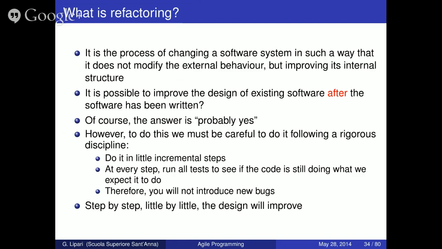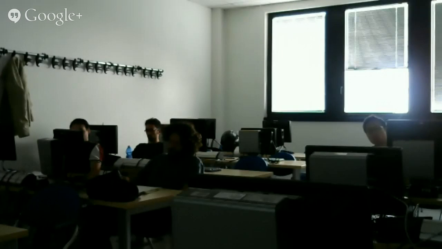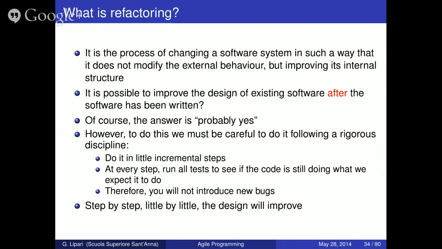you do this cycle. So you have your program. The program must be working already, and you have to have all the tests in place. Then you need to change the internal structure. So you start by dividing the big change into smaller incremental steps.